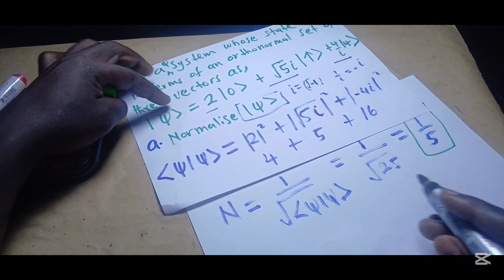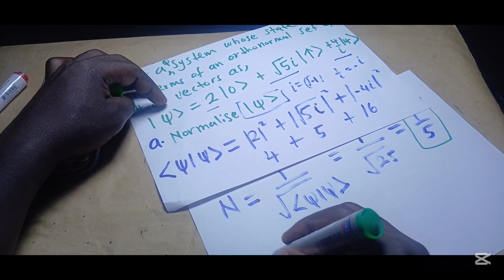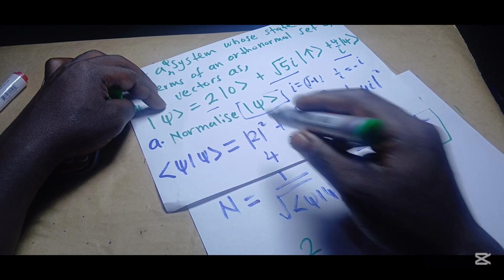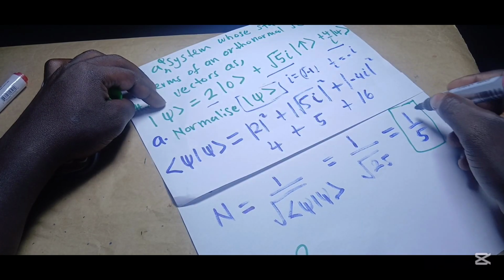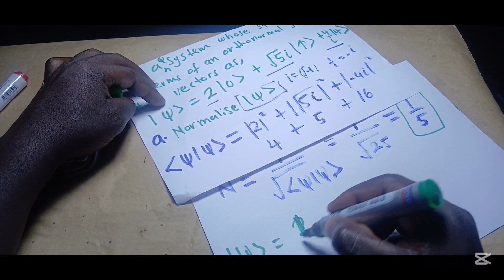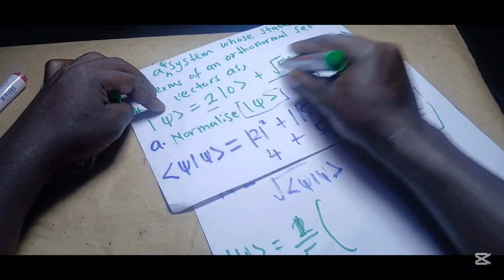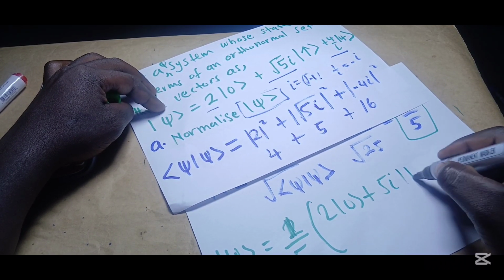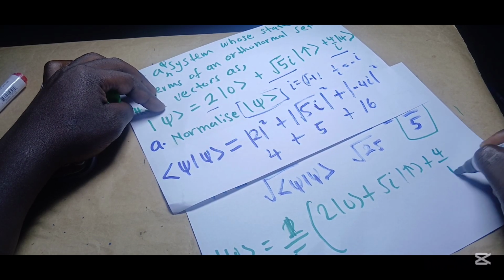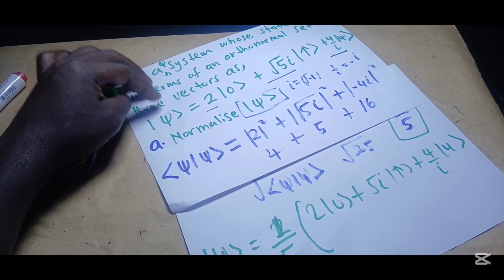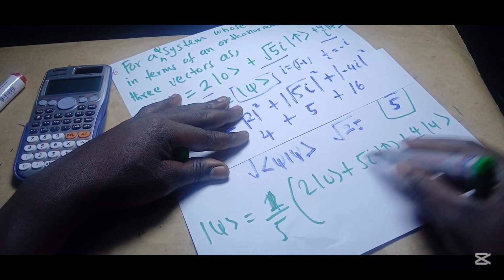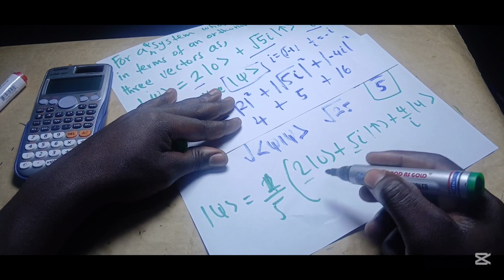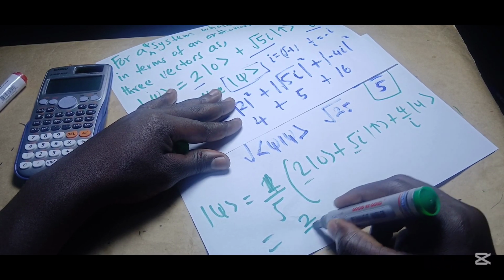We were given psi equal to this term, so we multiply the normalization constant, 1 over 5, throughout: 2 ket 0 plus square root of 5i spin up plus 4 over i ket 4. Multiplying 1 over 5 by 2 only affects the coefficient and gives us 2 over 5.